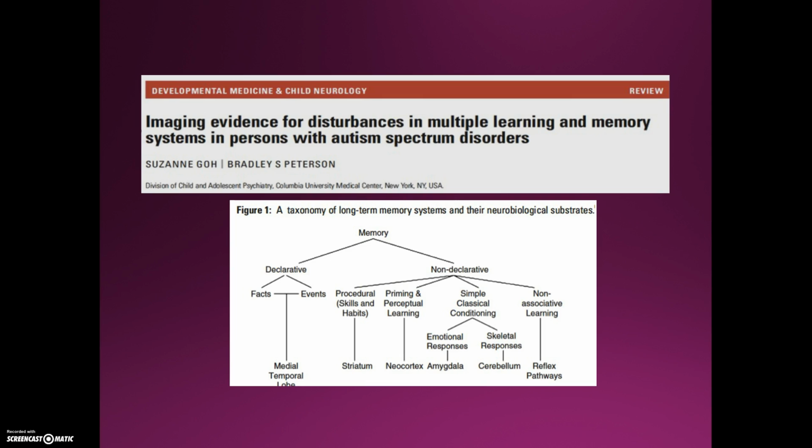And we found that there was evidence for disturbances to brain function and connectivity across many different learning and memory systems. So, for example, in those parts of the brain that are important for learning facts and events, and the parts of the brain that allow us to learn new skills and habits, and in other areas of the brain as well, for example, in emotional learning and other forms of learning as well.